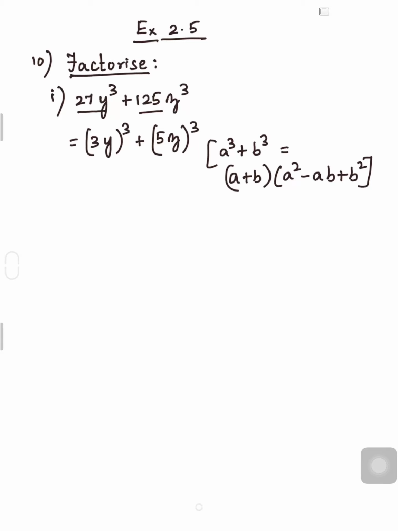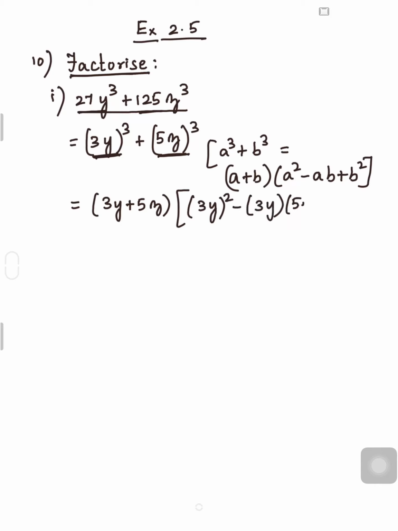You know factorization is nothing but writing the given algebraic expression as a product of factors. So this is in the form of a cube plus b cube. In the place of a, what do we have? 3y. In the place of b, what do we have? 5z. So (a plus b) into a square, so (3y) whole square, minus a into b, 5z, plus b squared, (5z) whole square.